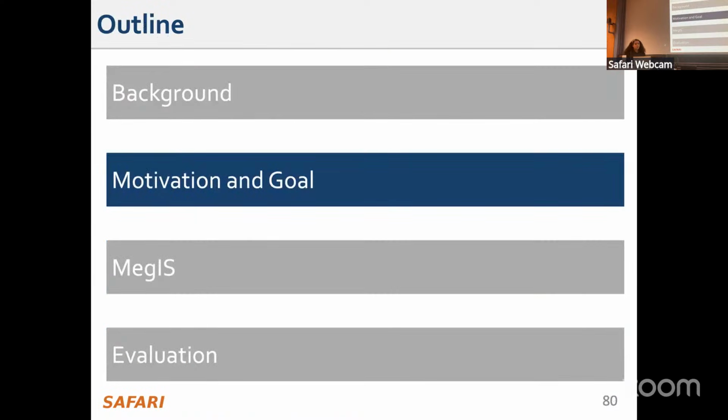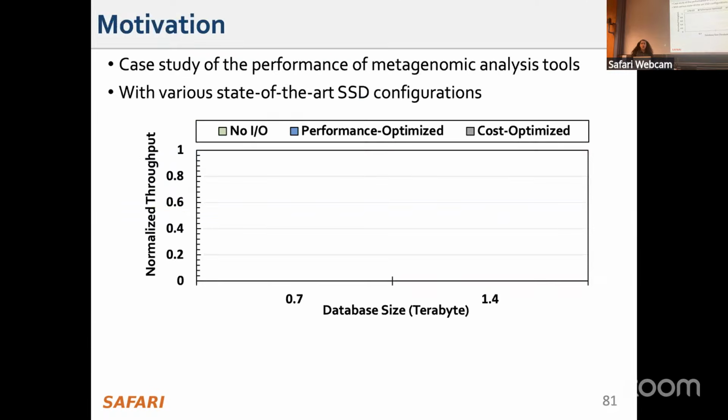Because we need to deal with a large amount of data, we performed a motivational analysis and case study of the performance of metagenomic analysis tools with various state-of-the-art SSD configurations. Let's see what this plot is showing. On the y-axis, we have normalized throughput. On the x-axis, we have two different databases.